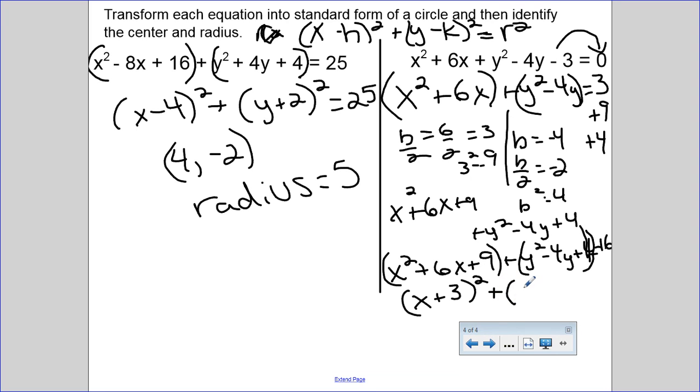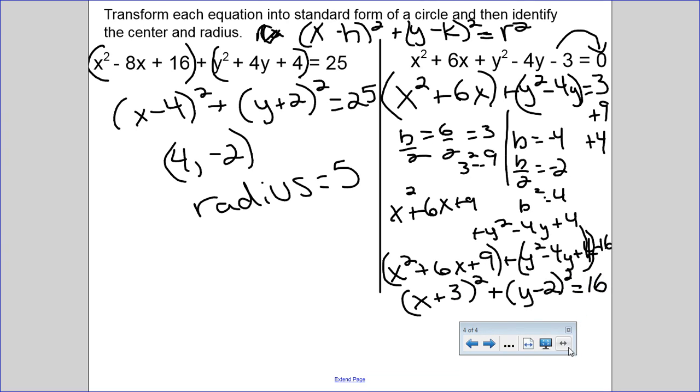Plus, this is going to be my (y minus 2) squared. And also notice this plus 3, that's what we came up with up here, that was our b divided by 2. This minus 2 is also our b divided by 2. So keep that in mind too. Equals 16. This is now in standard form.